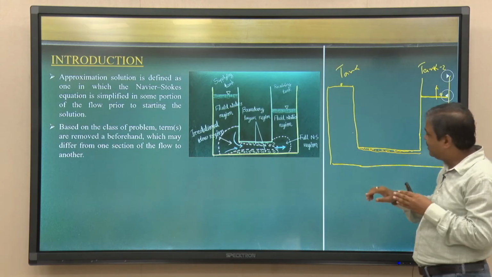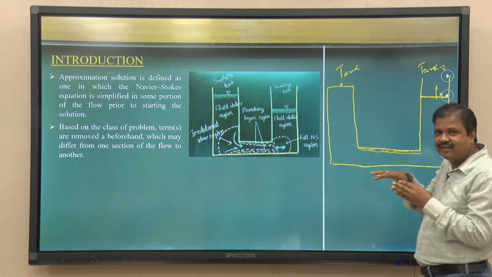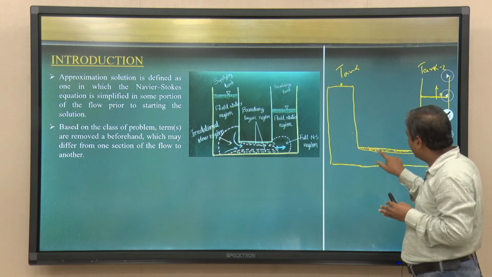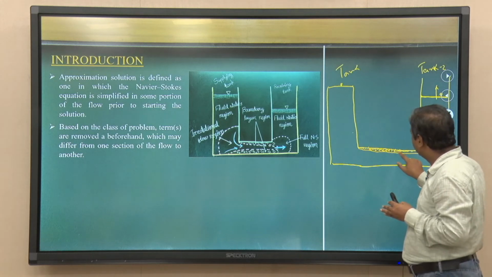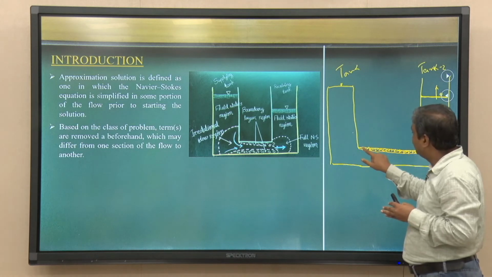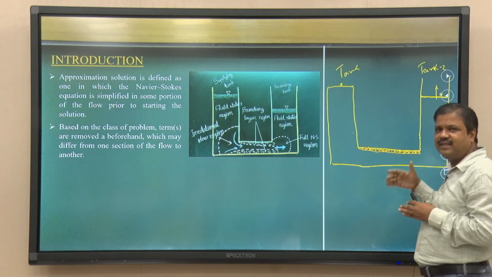Because of that, the fluid particles nearby will also retard. So, there will be regions forming very close to the wall where viscous dominance will be there, and there will be velocity gradients, and that is what will act as shear stress on the wall.